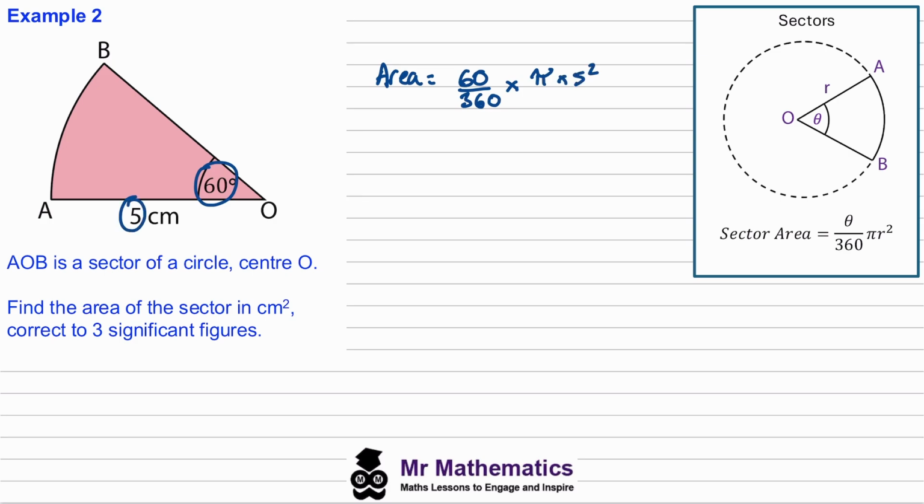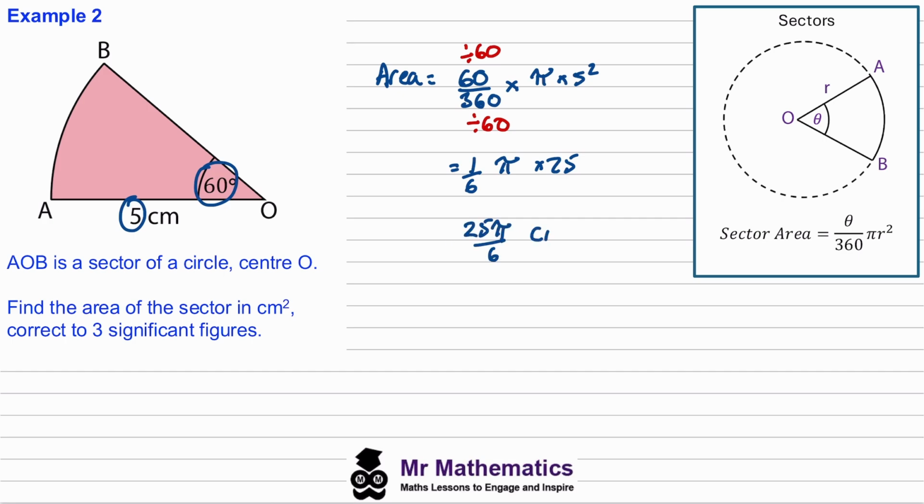Okay? Now it's a good idea to try and simplify this fraction whenever we can. And we can see that this fraction both will divide by the 60. So we get 1 over 6 multiplied by pi multiplied by 25. And we can write this as 25 pi over 6.